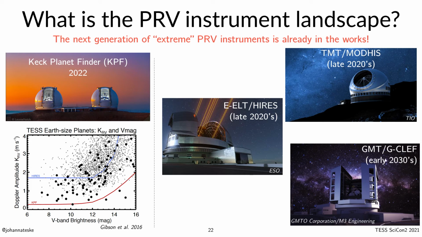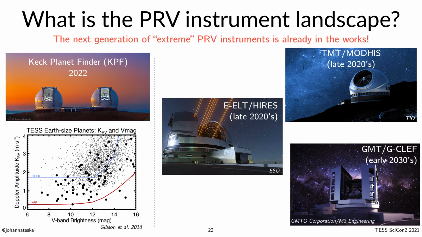And then further down the road, we have all the giant ground-based telescopes that are coming online, and each of those has an RV-specific spectrograph. MODHIS on the TMT is also near infrared. HIRES on the ELT I think covers optical and to near infrared. And then G-CLEF is optical for the GMT.